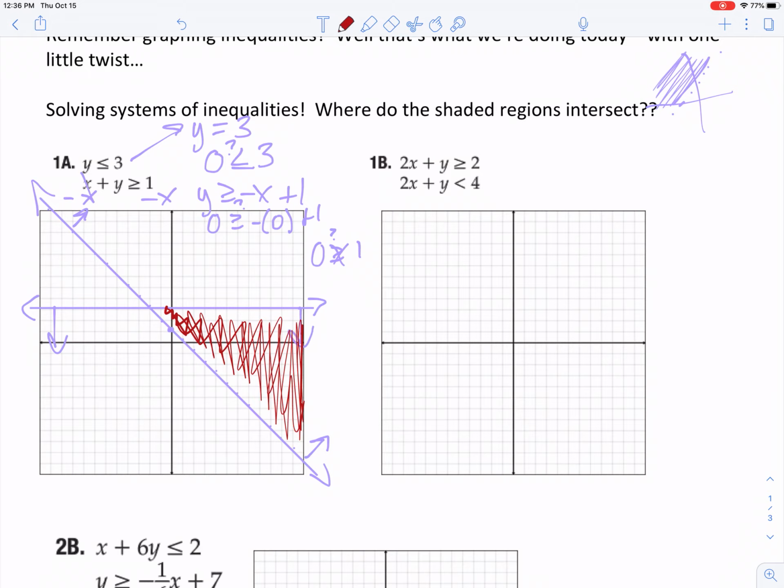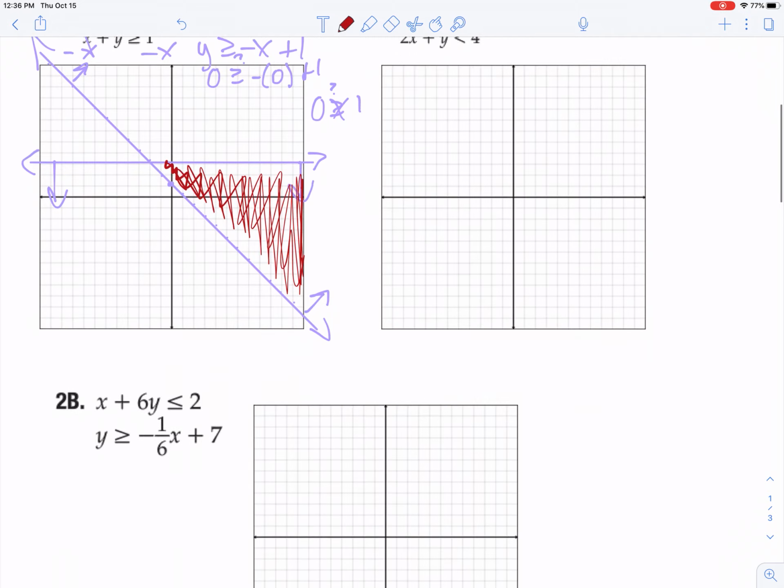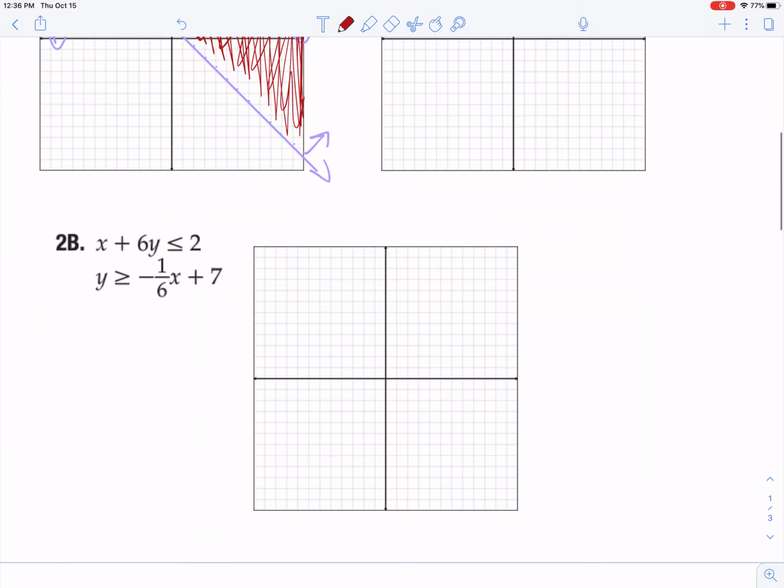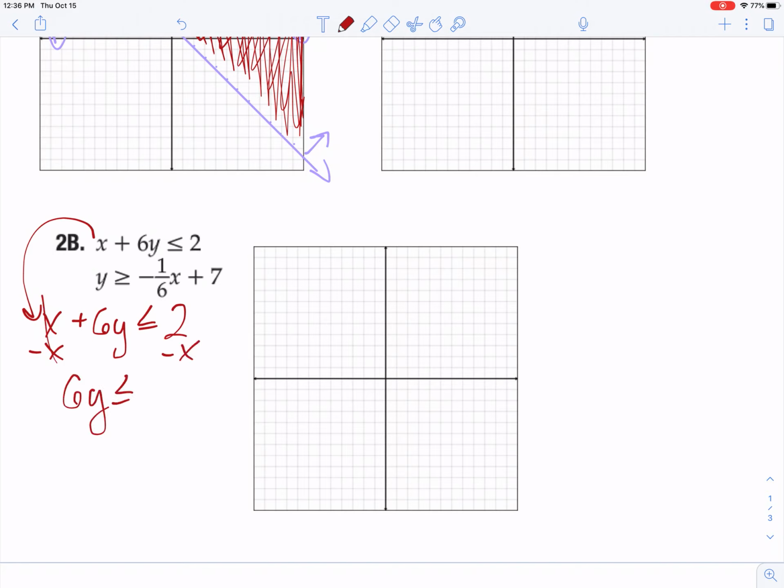Every once in a while you might get a case like, I think 2B is going to be the one that I want to do. First of all, it's not in y equals mx plus b form, so I need to do that first. So I subtract x, 6y is less than or equal to negative x plus 2.